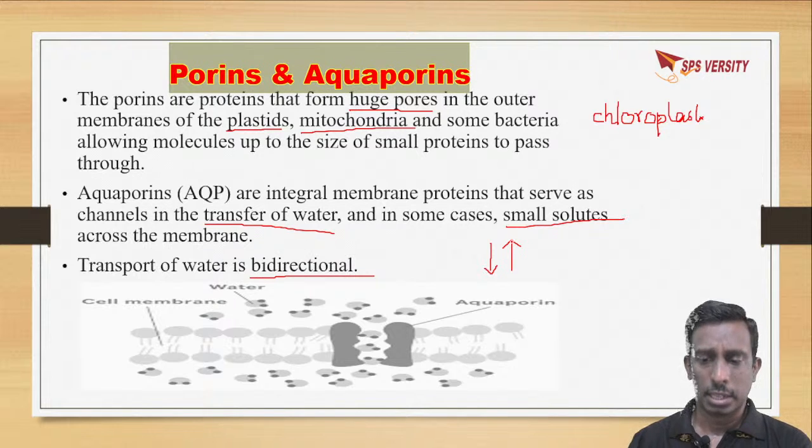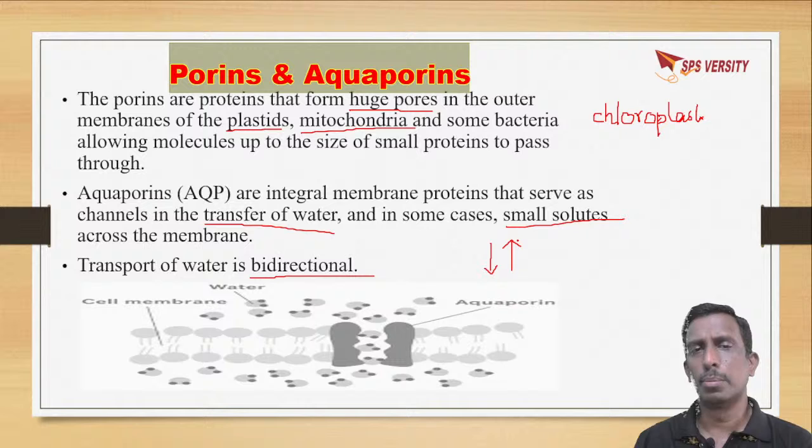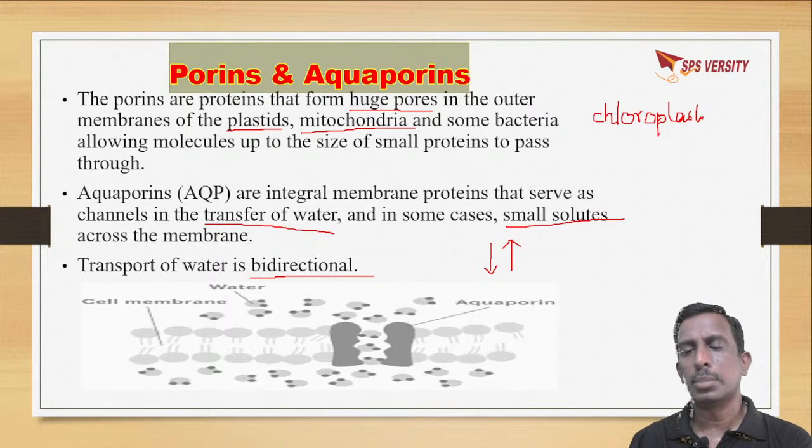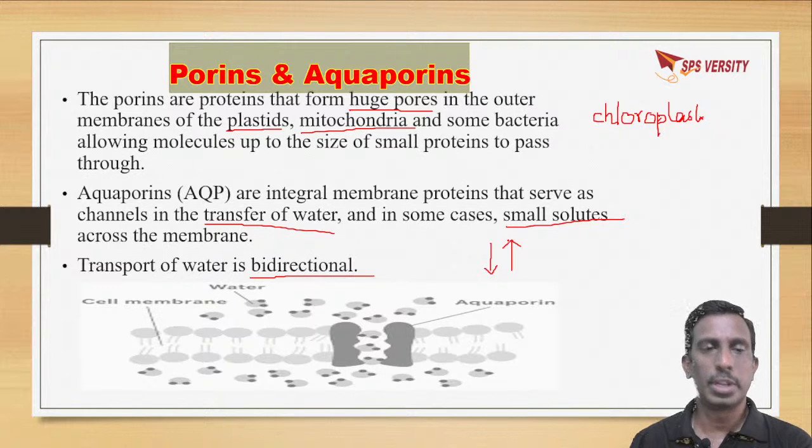So porins and aquaporins are both in facilitated diffusion. Aquaporins are meant for transport of water. Porins are meant for the transport of small proteins. Through these porins, the small proteins are transported.